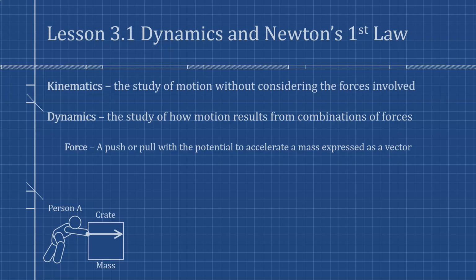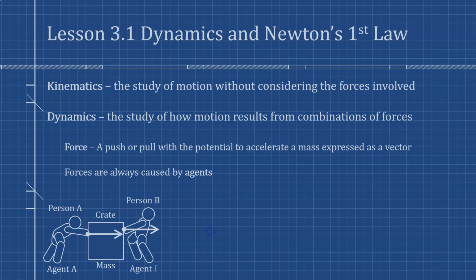I'm going to call this person A and person B pulling the crate. All forces have to be caused by agents. Something is causing that force to apply itself to the object. In this case, my agents are obvious. It's going to be person A as one agent and person B applying the force to the crate.